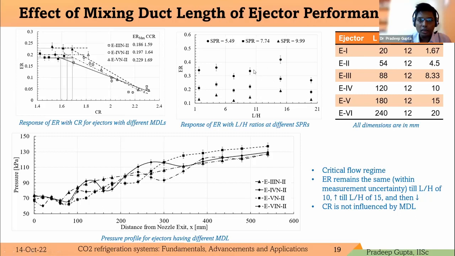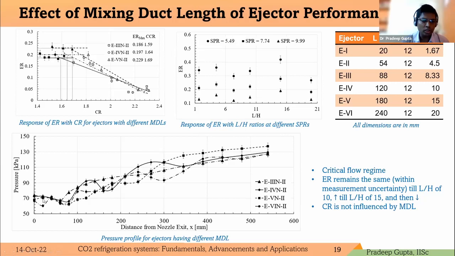In the region beyond that, we have seen an increment in the entrainment ratio, which is due to the proper mixing of the primary and secondary flow in the later part of the mixing duct. Further increment in the mixing duct length resulted in a lower entrainment ratio because of the increased frictional effect, which will be explained properly with the contour images.